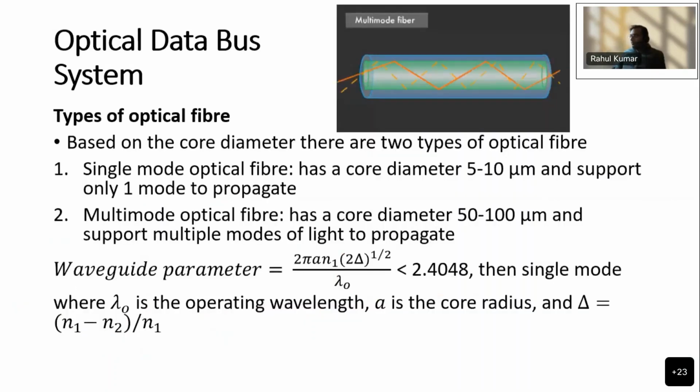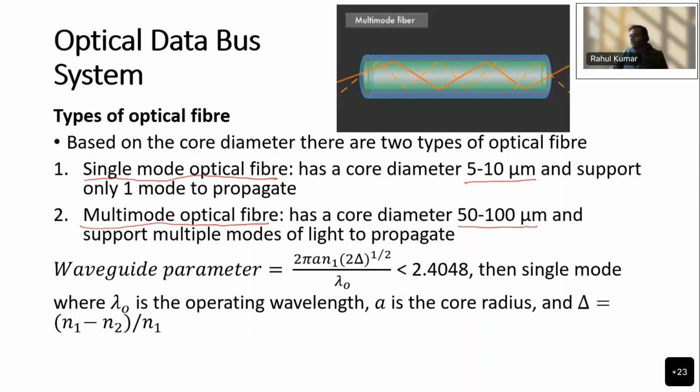Now, optical fibers are of two types. We have single mode optical fiber and multi-mode optical fibers. The key difference between the two is the core diameter. For single mode optical fiber, the core diameter is around 5 to 10 micrometers, whereas for multi-mode optical fiber, the core diameter is larger, that is 50 to 100 micrometers.